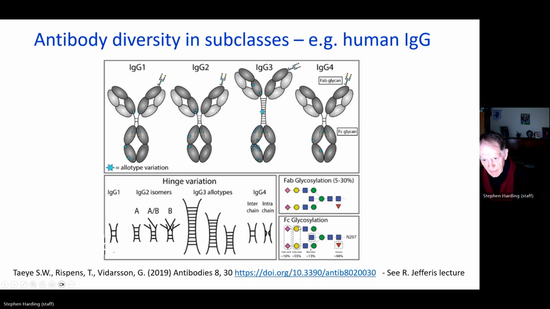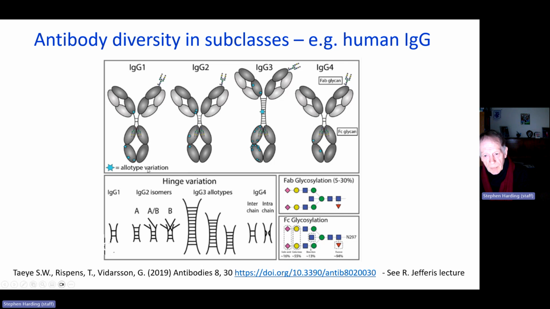And there's some variation in terms of the amount of fucosylation. For example, 94% in general is fucosylated, and then you have some differences along the chains here.